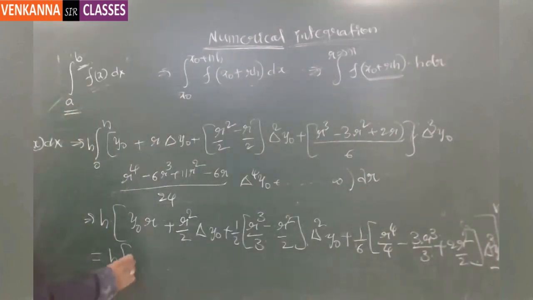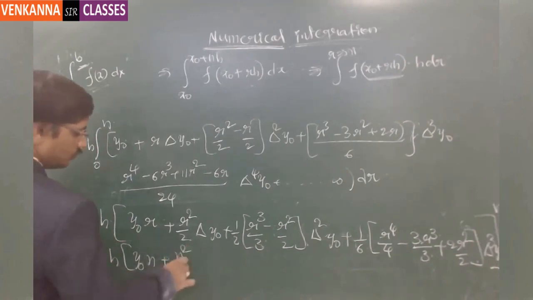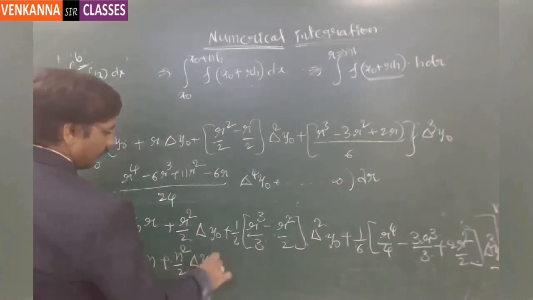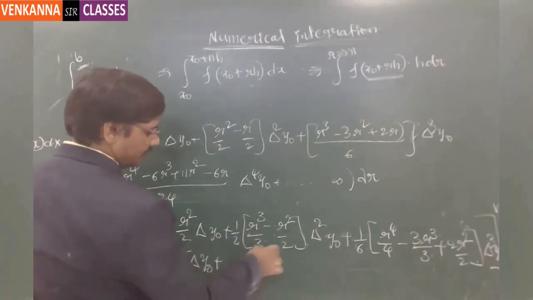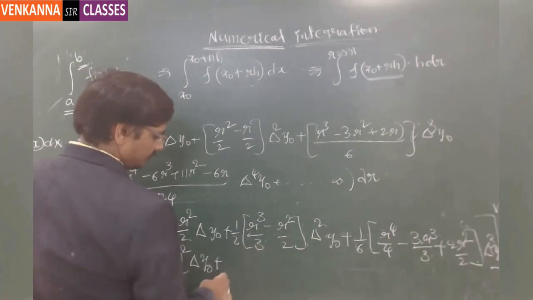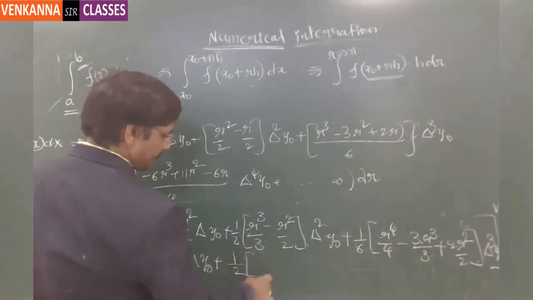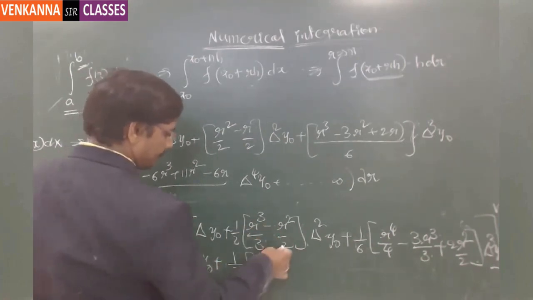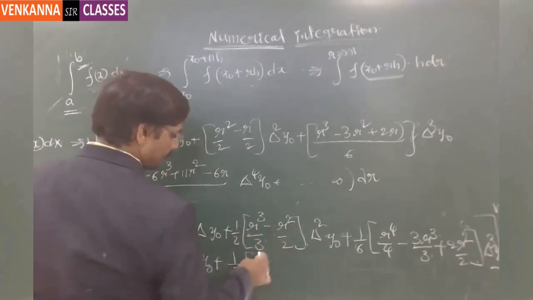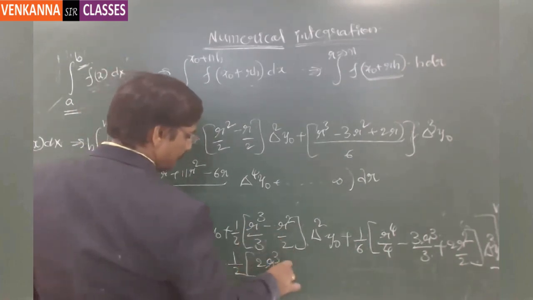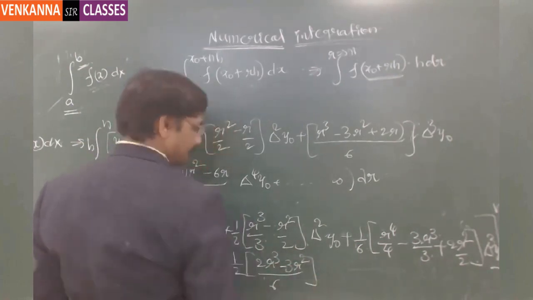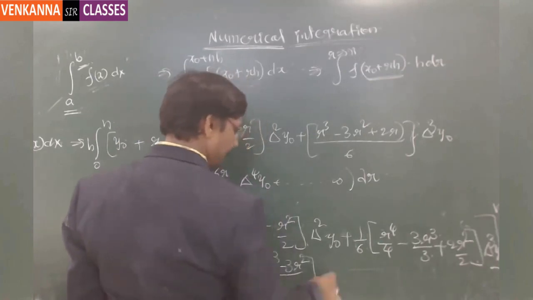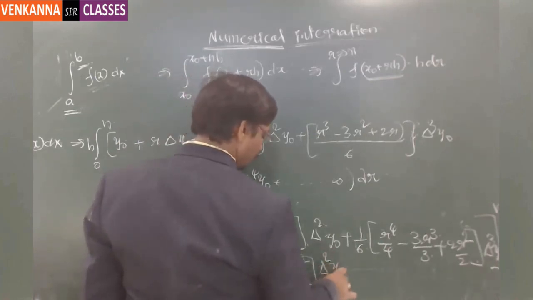So this is y naught into n plus n square by 2 times delta y naught plus half of, so you can take the LCM of it and then this is going to be 6. R cube minus 3r square divided by 6 delta square y naught.